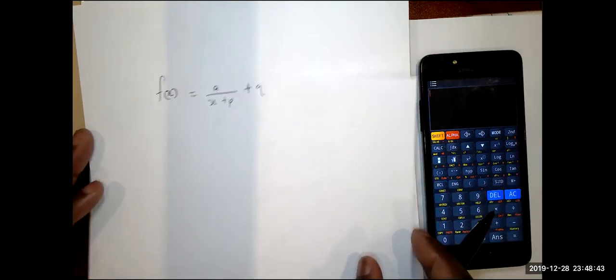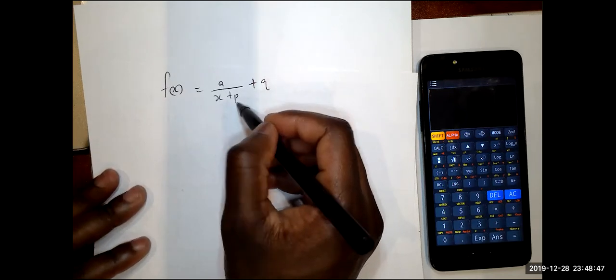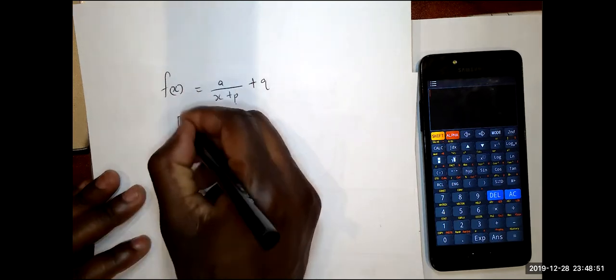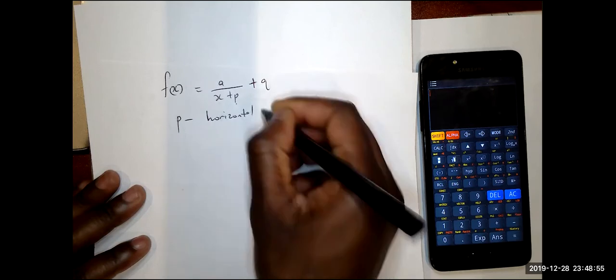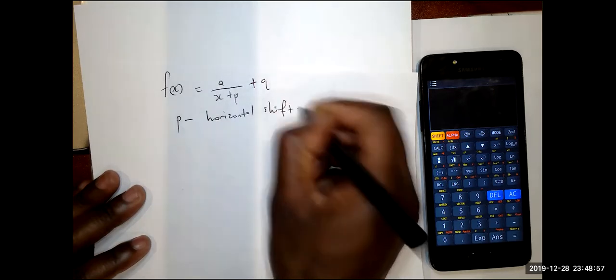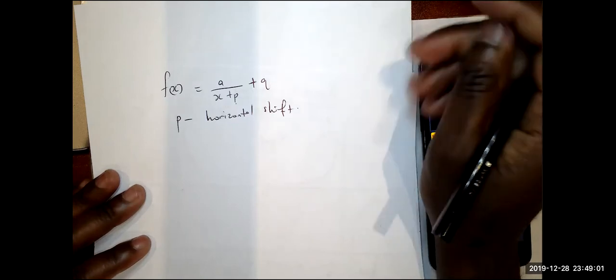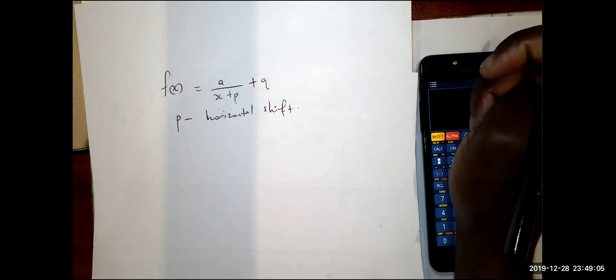What is new here is p. And p, what did we talk about p? P is a horizontal shift.